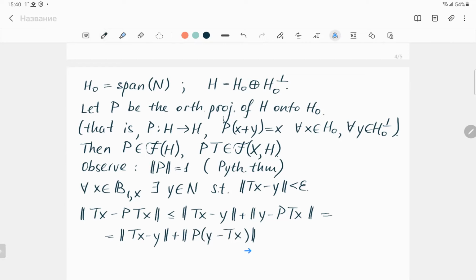So the second summand here is less than or equal to the first one. And the whole sum is less than or equal to 2 multiplied by the first summand. But by assumption, this first summand is less than epsilon. So the whole expression is less than 2 epsilon.